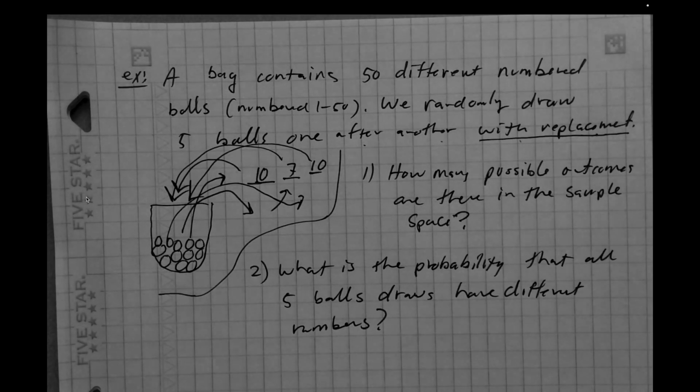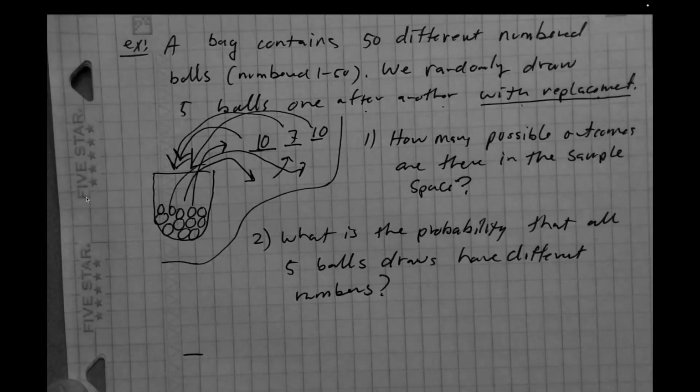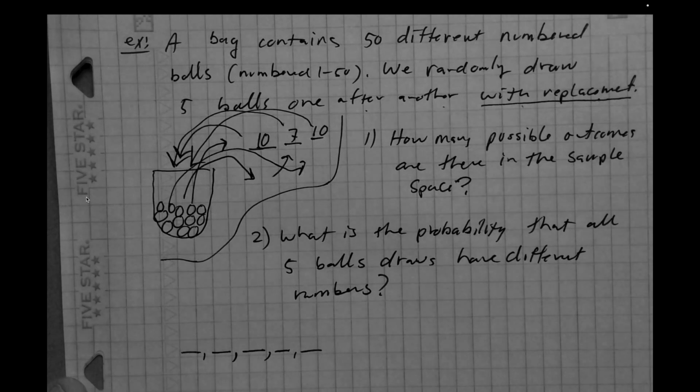Okay, so let's think about what a simple event looks like here. I draw out a ball and I write down the number and I put it back, and I draw another ball and I write out the number and I put it back, and I draw a third, look at it, throw it back in, a fourth, look at it, throw it back in, and a fifth, and look at it and throw it back in. Right?